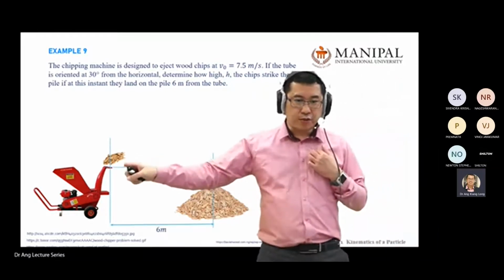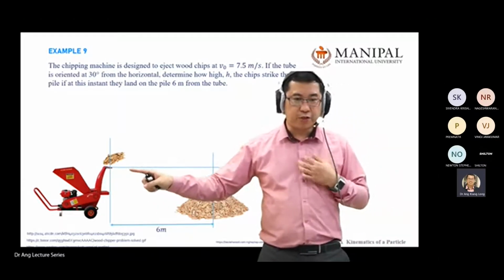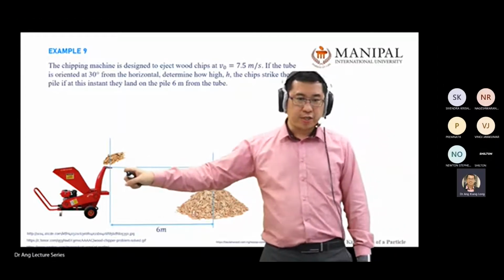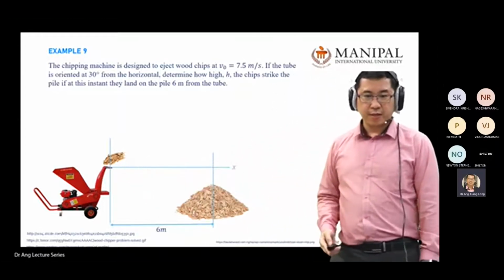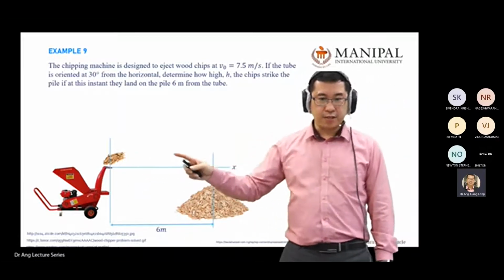And if you draw a horizontal line from the mouth of the chipping machine to represent the origin, you label it X from the origin.